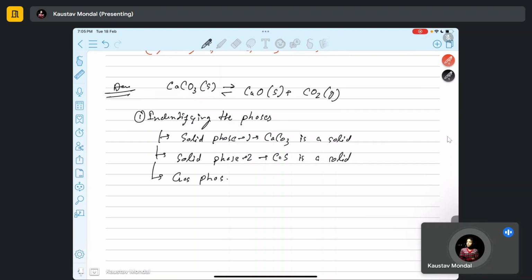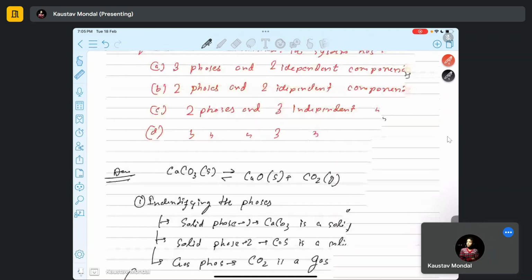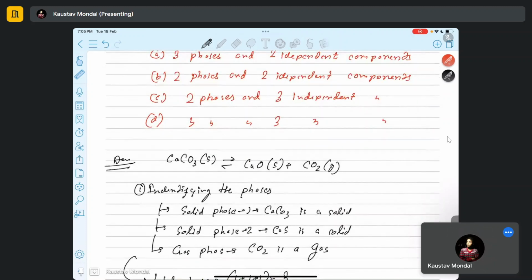There is only one gas phase, CO2 is a gas. So how many phases are there? Solid phase 1, solid phase 2, and the gas phase. So the total number of phases is 1 plus 1 plus 1 equal to 3. Total 3 phases are there.